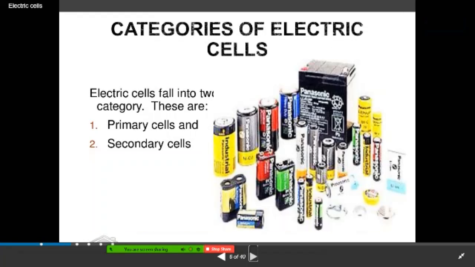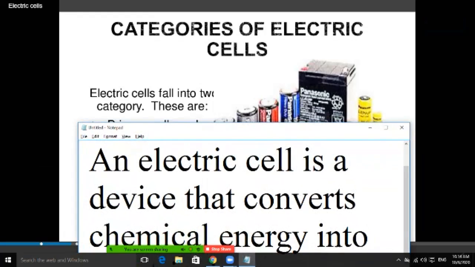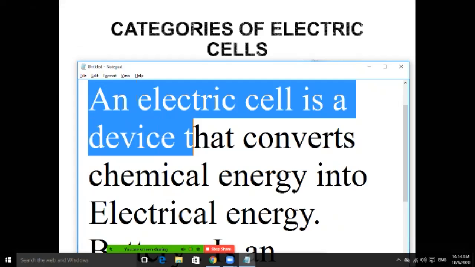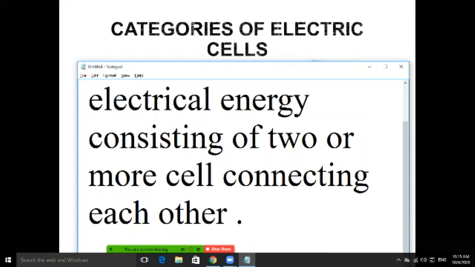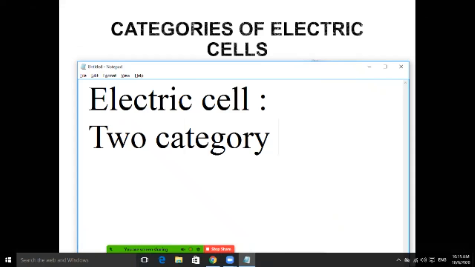See this, students. Basically whenever we talk about the electric cell, the electric cell has two categories, right? I am going to tell you that an electric cell has two categories, right?